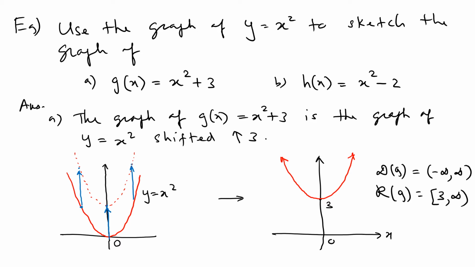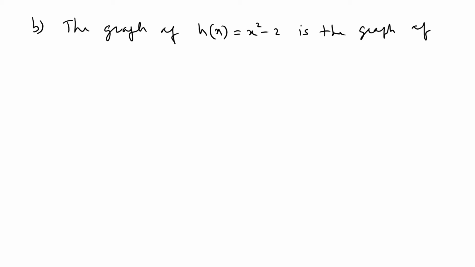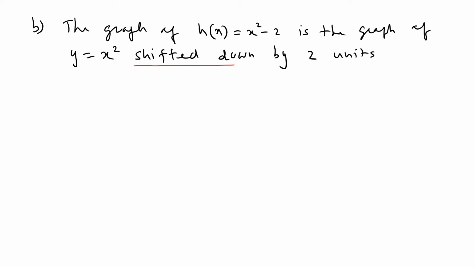So we have part B. You can see the graph of h(x) equals x squared minus 2 is the graph of y equals x squared shifted down by 2 units. So shifted down by 2 units.